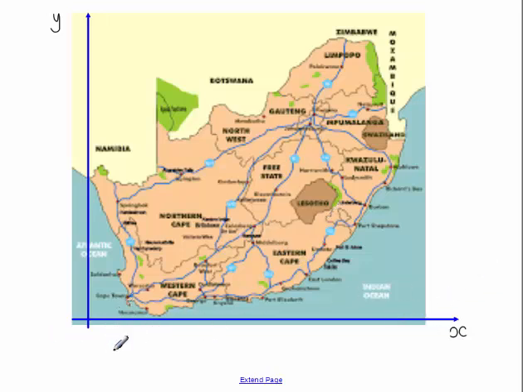This curve, which is represented by this road here, we can describe mathematically via an equation, and then we have a function which we can call y equals f of x.